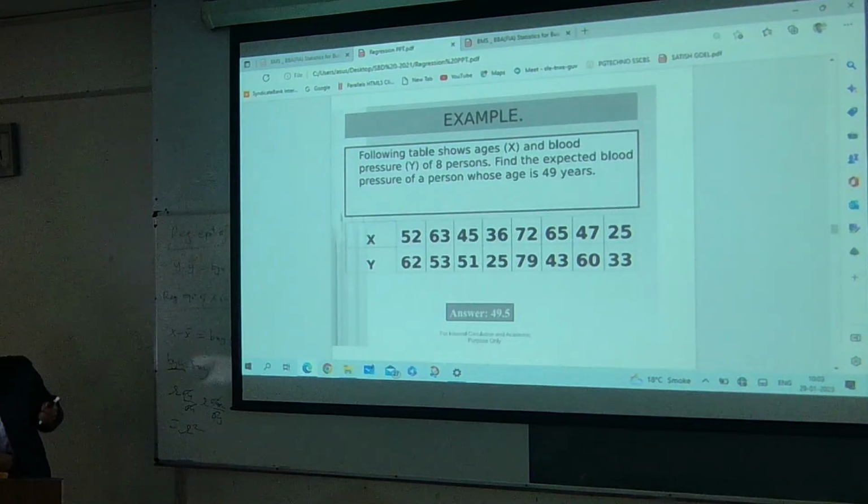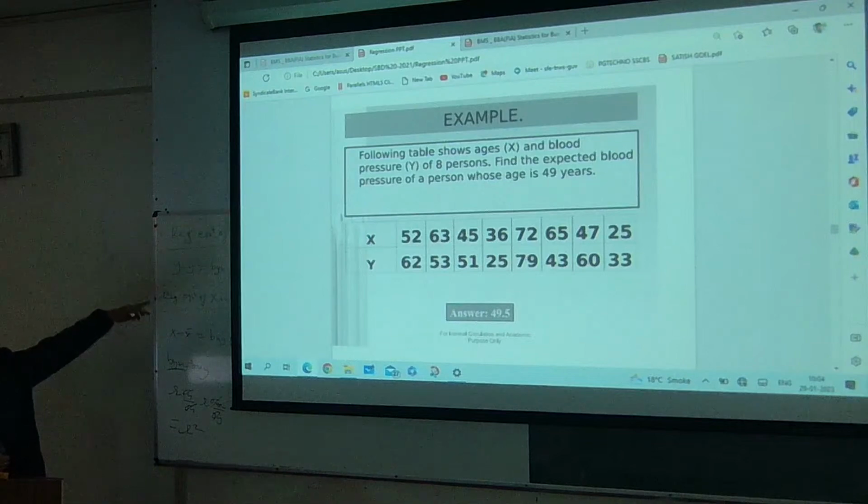So I have x and y, and finally I have to find the expected blood pressure of a person whose age is 49 years. So here again, what you have to determine is your dependent variable, and the one whose value is given is your independent variable. So age is independent, so age will be x, and blood pressure will be y. So this makes it clear what x is and what y is. Okay, and then you can estimate this.